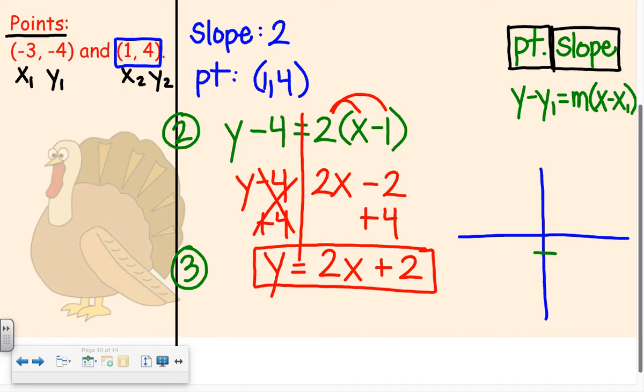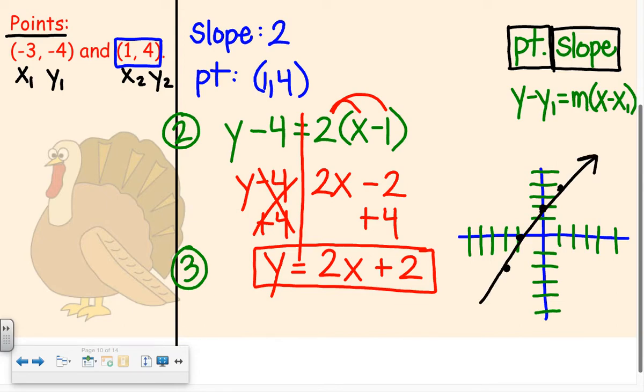So if I graph 2x plus 2, alright, so I've got a bunch of lines. They're not exactly perfect, or points are not exactly perfect, but they're close.